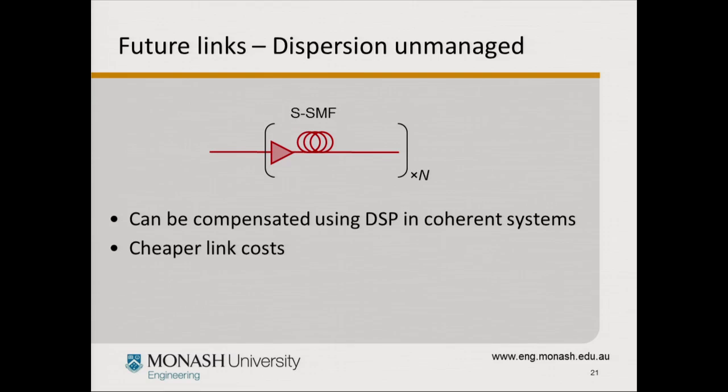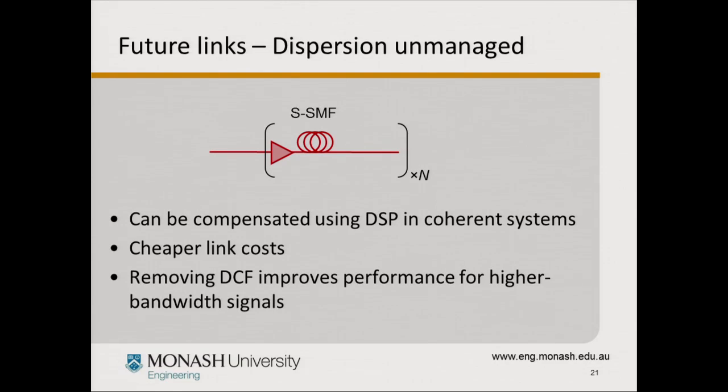This decreases the cost of the link also, so it decreases the initial outlay. And it's also been shown that removing the DCF actually generates better nonlinear performance for high bandwidth systems.